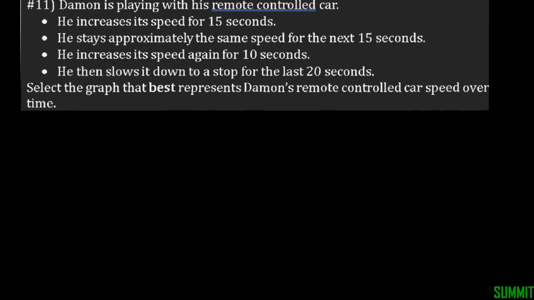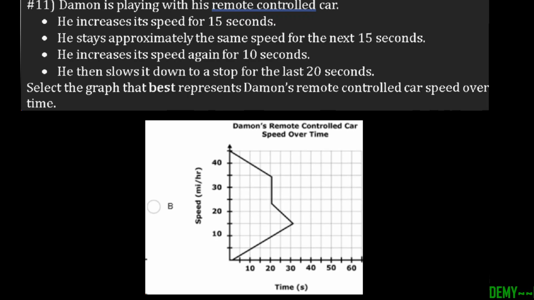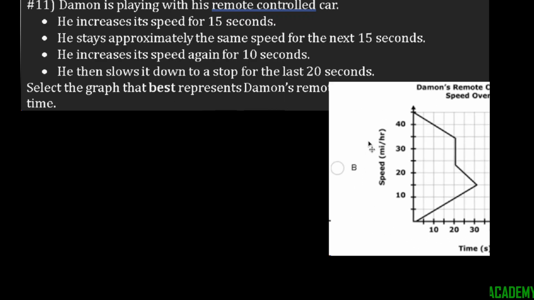Alright, so then let's see what B looks like. B is actually sideways. It doesn't work out because there are two different points. So that cannot be that one because we know that we're talking about one remote control car, so it should just be one line.